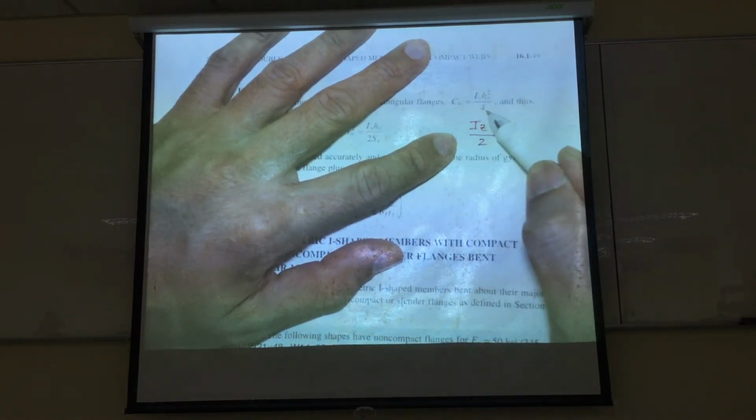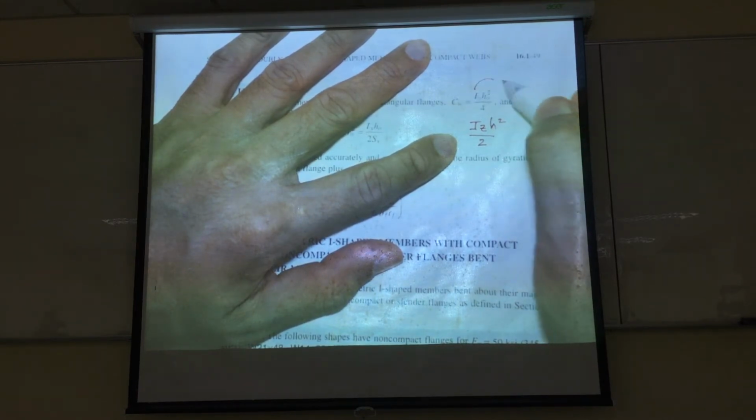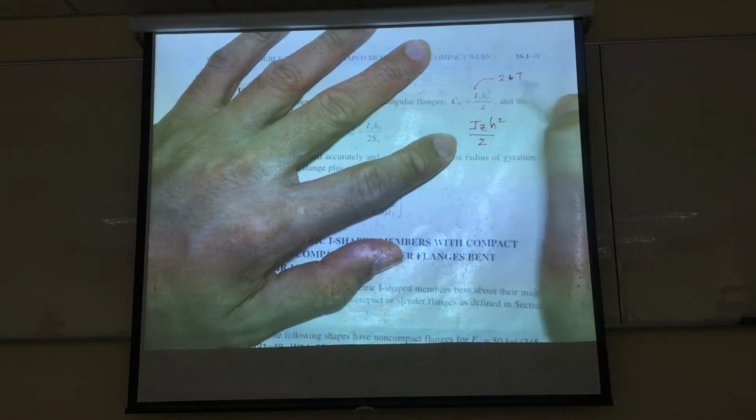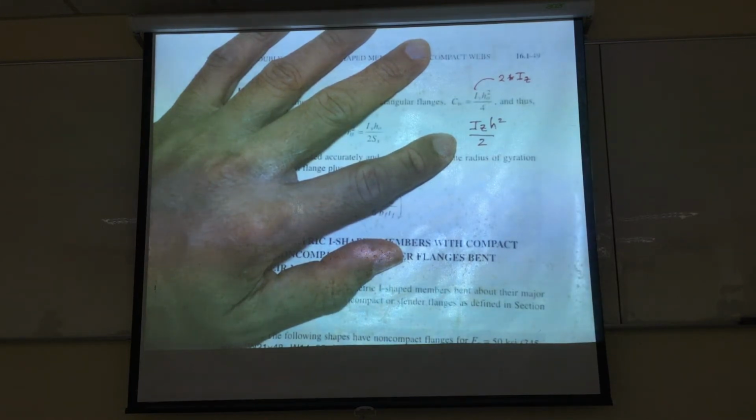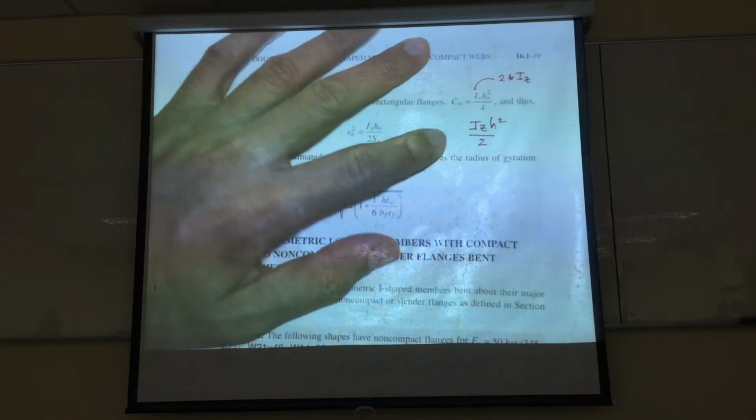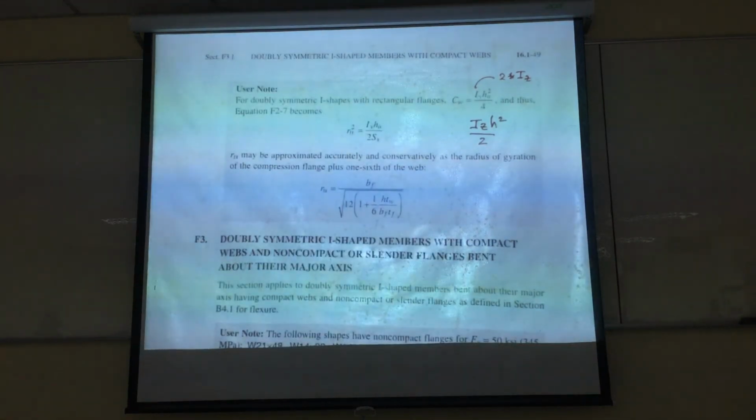This is over 4, because this equals 2 times the IC we had in class derivation. Okay. So this sort of detail is kind of important when you make the spreadsheet. 2 times single flange or 1 flange, and then you get confused about it, and then bang bang bang boom.